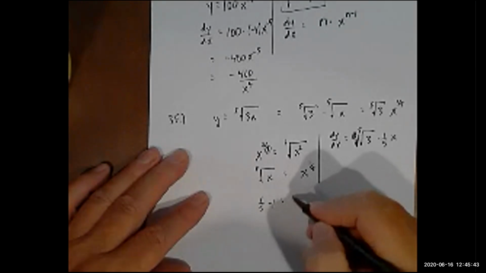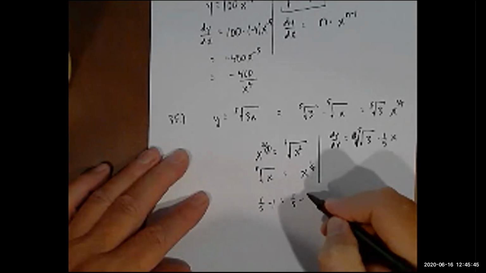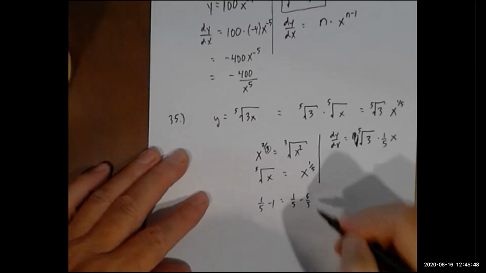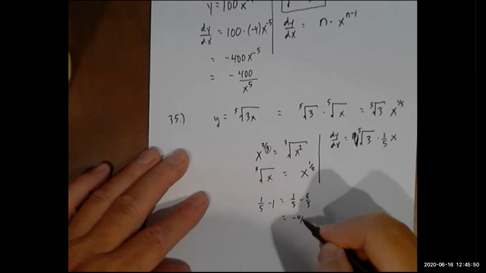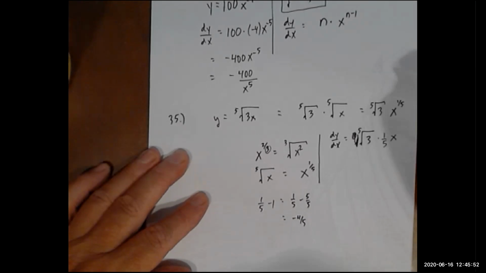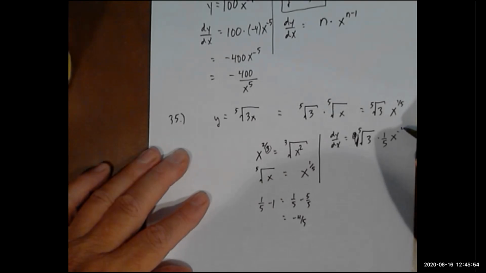I remember how to do fractions, right? 1/5 minus 1. If you want to do it mathematically, you've got to have a common denominator. Looks like negative 4/5. So x to the negative 4/5.